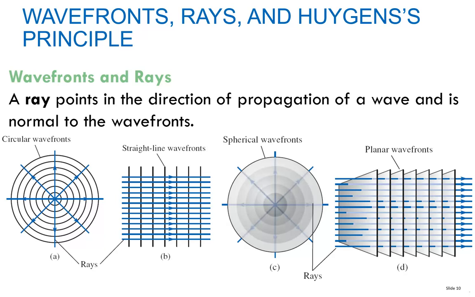But then there's the planar wave. How much spreading do you have if you have a planar wave, if all the light goes in one direction? Yes, the answer is none. Hence, the intensity for the planar wave stays the same. So if I have a laser beam, that laser is sending out a planar wave. It's all going the same direction.